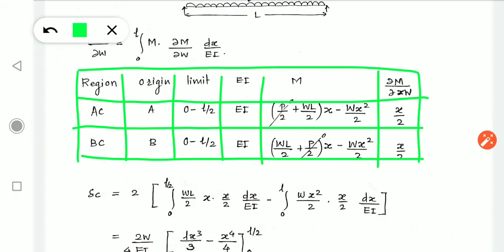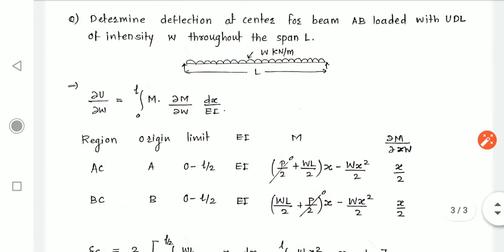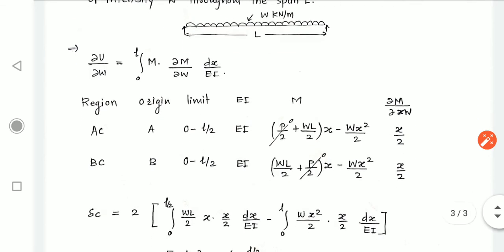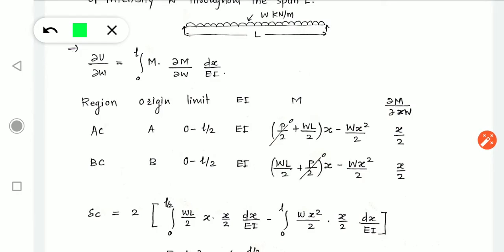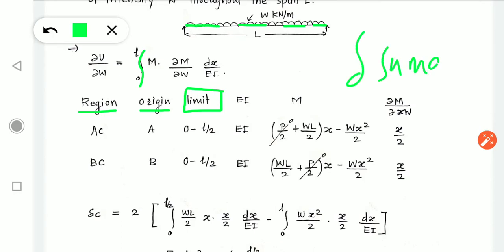Okay, so this table says region, origin and limit, because we are doing partial differentiation, but then we are going to integrate it. We are writing it for small regions, and integration means summation.